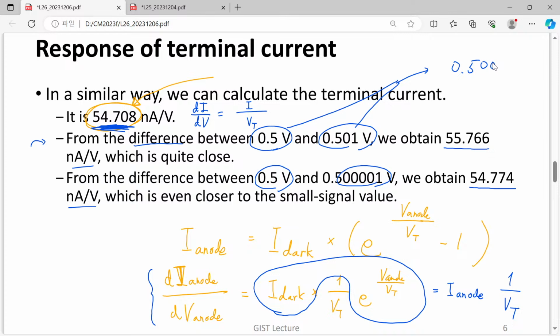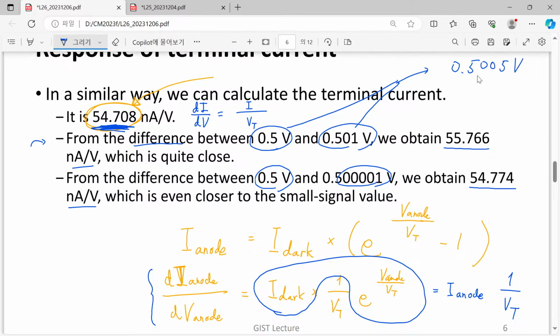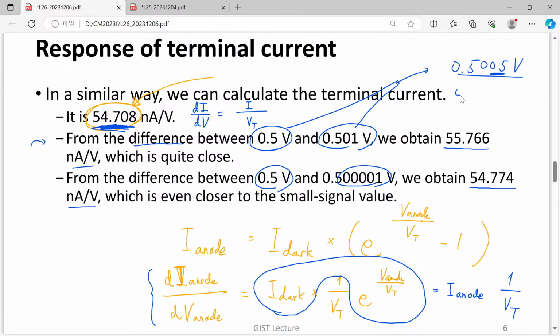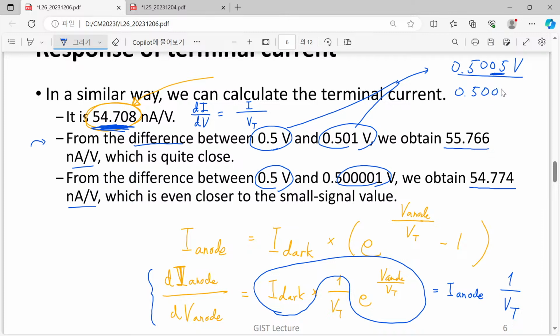Actually this is corresponding to this number, and this is small error like 0.5, and actually we are now considering 0.00. These small differences in the central bias point introduce small error in our calculation.